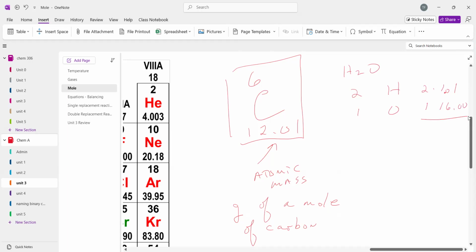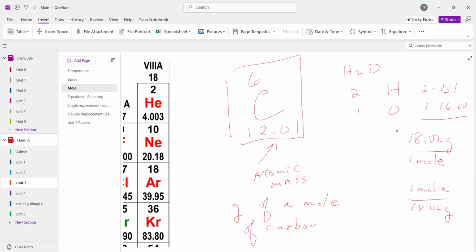Each hydrogen is 1.01, two of them would be 2.02, plus 16 would be 18.02 grams per mole. Or the inverse of that. So that's our second conversion factor, the atomic mass or molar mass.